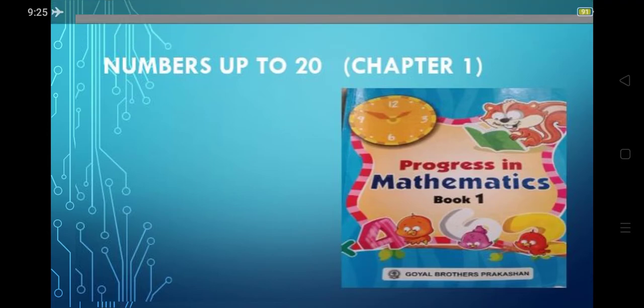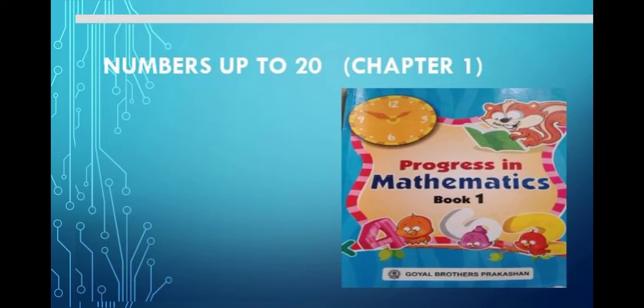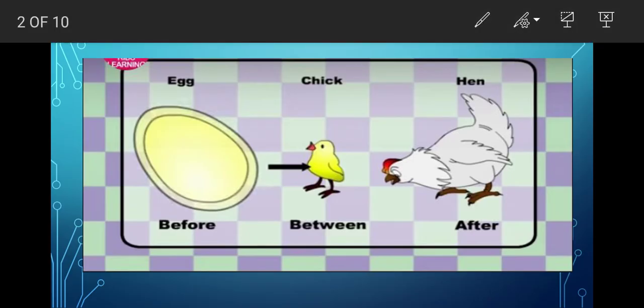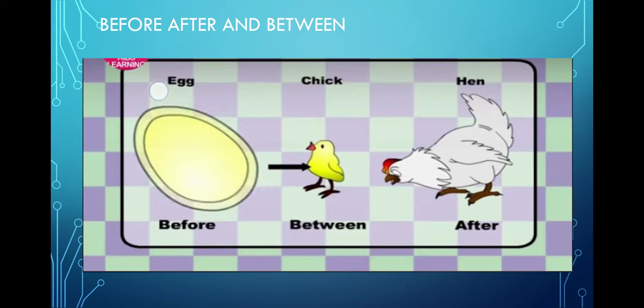See, these are before, after and between. Children, please look at this picture. You can see an egg, chick and a hen, isn't it?